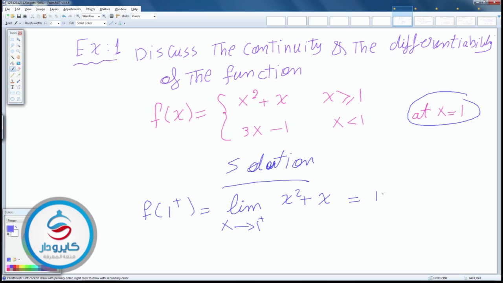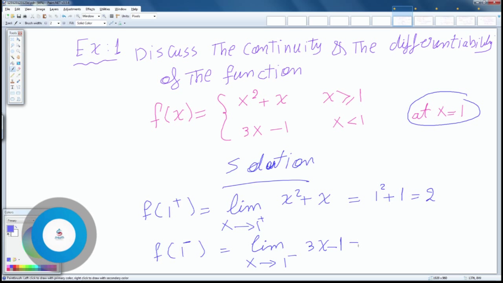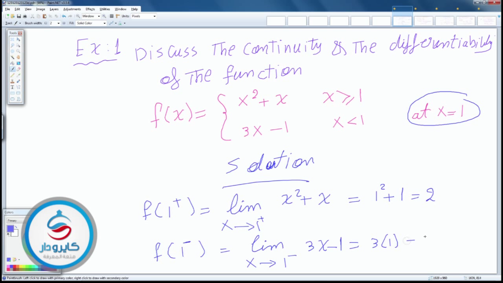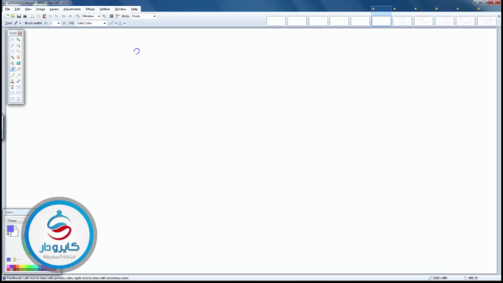It will be 1 power 2 plus 1 equals 2. f of 1 from the left is the limit when x tends to 1 from the left of 3x minus 1, which is 3 times 1 minus 1, also 2. So the left limit equals the right limit, so we write that f of 1 positive equals f of 1 negative, so the limit exists.